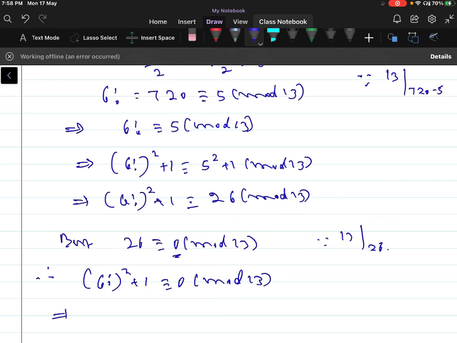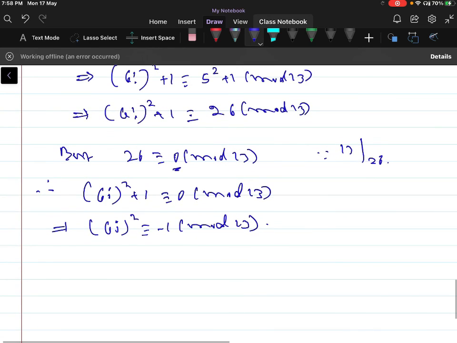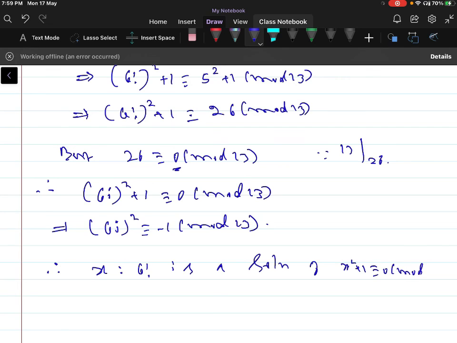So this implies 6 factorial square is congruent to minus 1 modulo 13. So therefore x is equal to 6 factorial is a solution of x square plus 1 is congruent to 0 modulo 13.